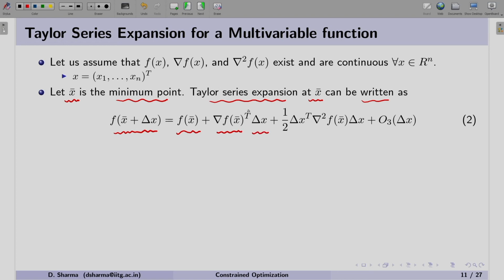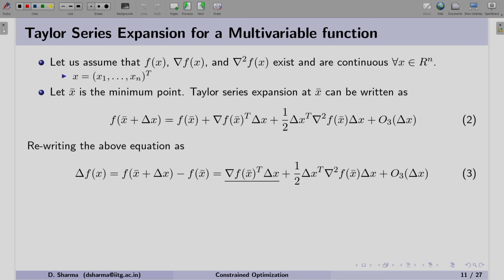This transpose means that we are performing a dot product here. The third term is half of delta x transpose, the Hessian of the function at x bar, times delta x, plus the other terms. Here delta x is also a vector.